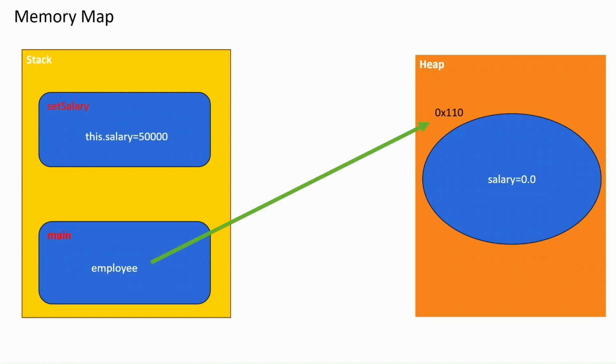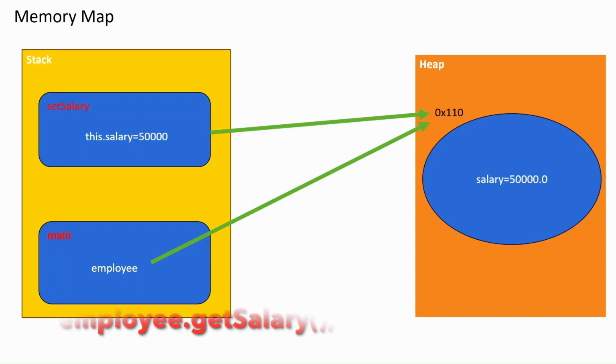That means this and the employee reference variable are pointing to the same memory location 0x110, and when we assign the value 50,000 in the heap memory, the salary is changed to 50,000. Now when the control comes to employee.getSalary, it returns the current value of salary in the heap. Right now the current value is 50,000, so the output will be 50,000.